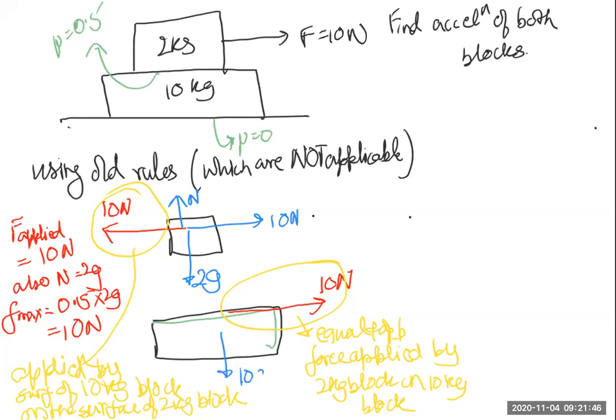And what are the other forces acting on the 10 kg block? We have 10g due to the gravity, we have some N dash due to the surface of the floor, and we have some N due to the 2 kg block, right? ये और ये भी एक्शन रिएक्शन पेयर हैं. Okay, so these two guys are also action reaction pairs, right?